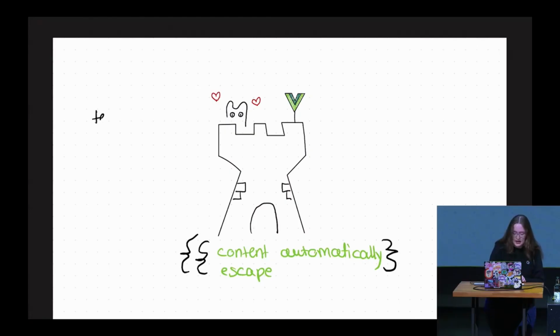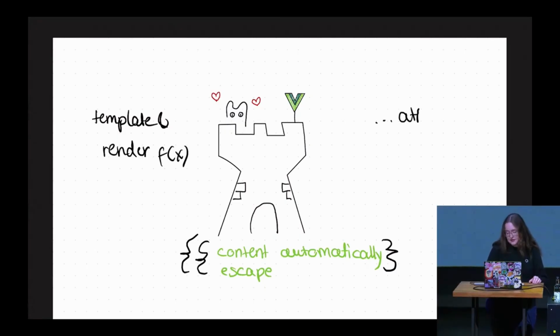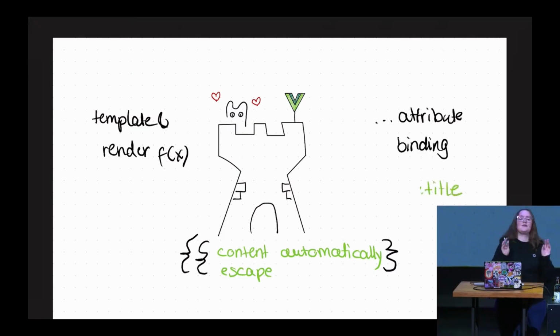So let's say template and render functions. I'll be quick, but also attribute bindings as well. The typical title one you may have used yourself is secure when it comes to cross-site scripting as well.